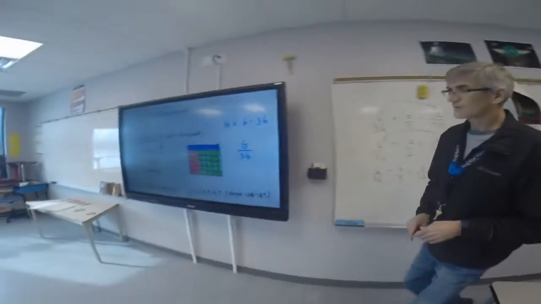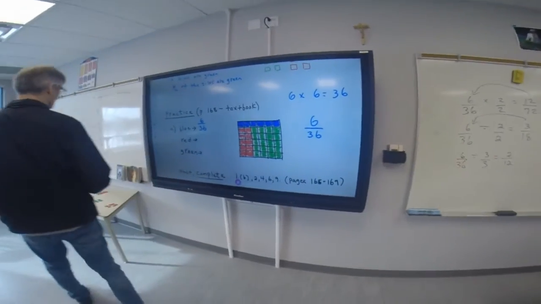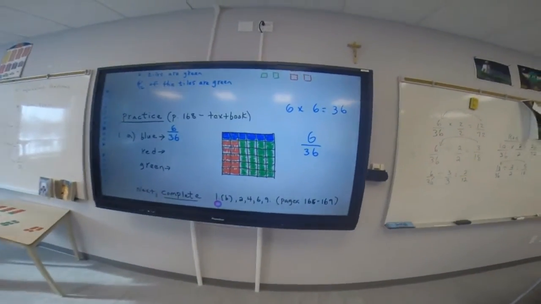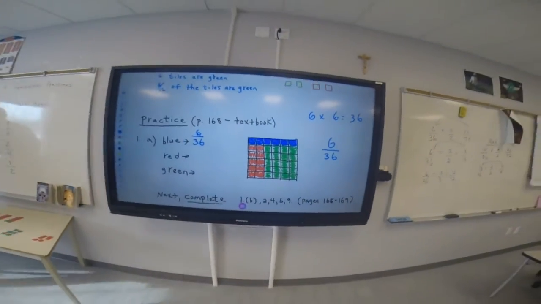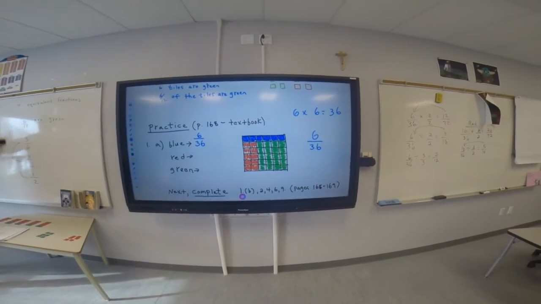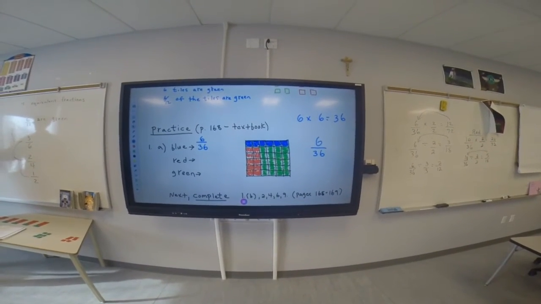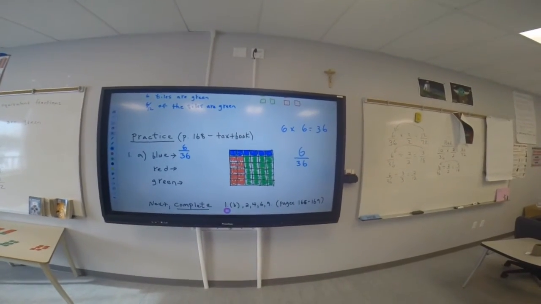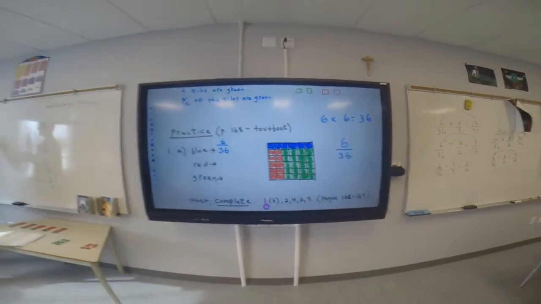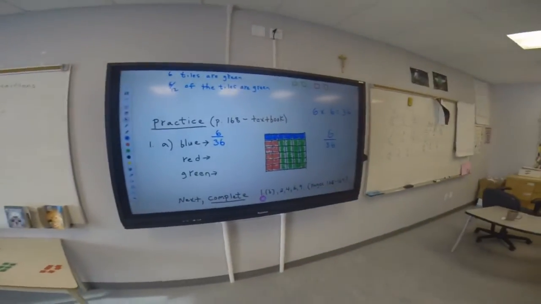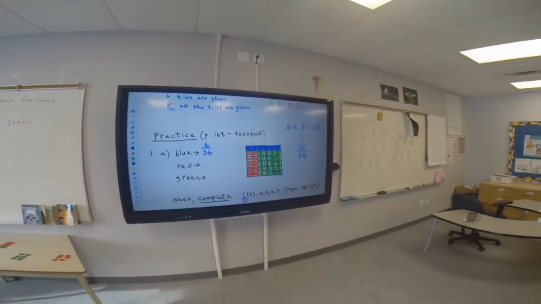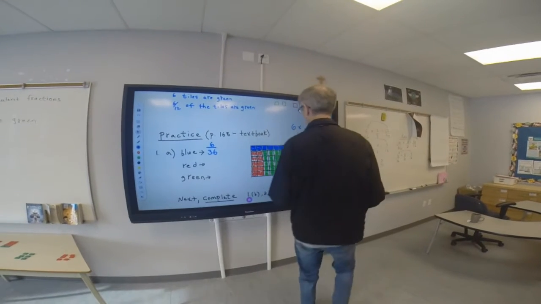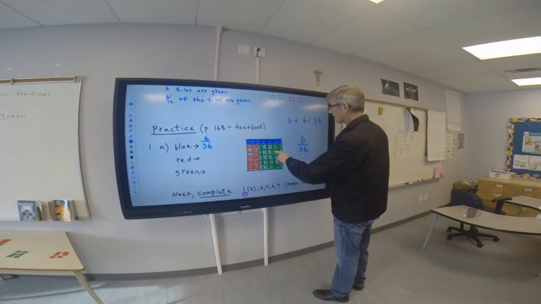And the other color was green. I'm going to do green probably over here. So again, you remember the total number of squares or tiles is 36. And the number of green ones is 4.